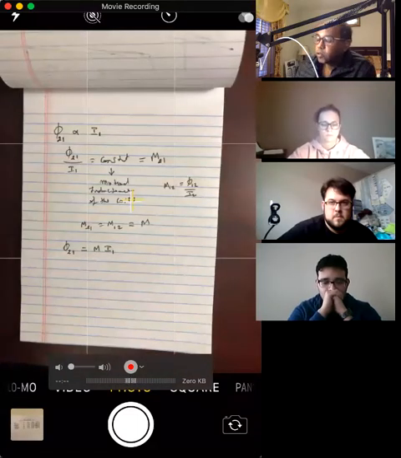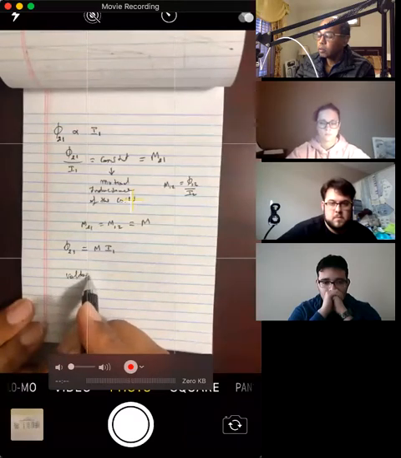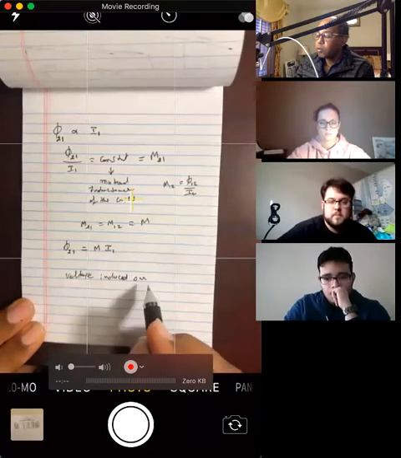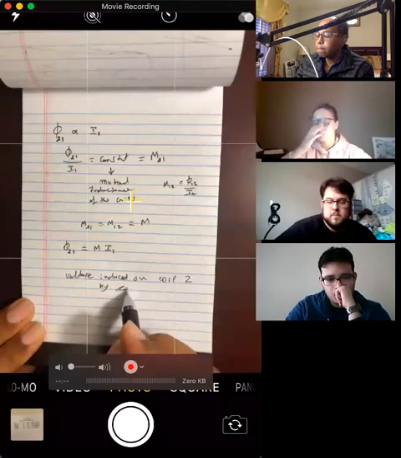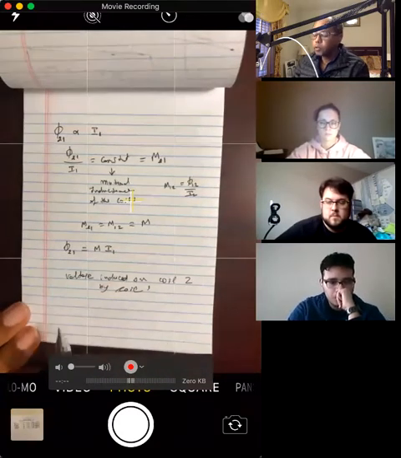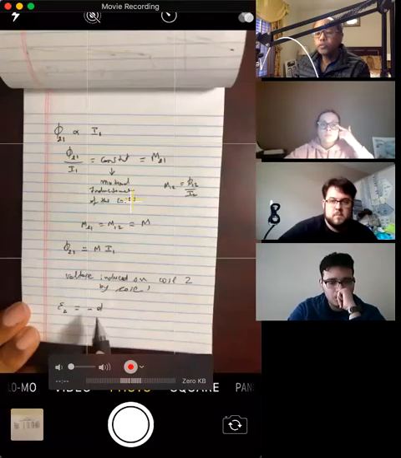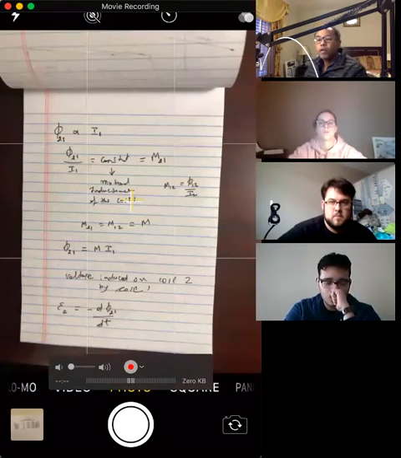Now let's look at the voltage, or EMF, induced on coil 2 by coil 1. Looking at E2, this will be the negative of the derivative of the flux on 2 by 1 with respect to time, from Faraday's law.